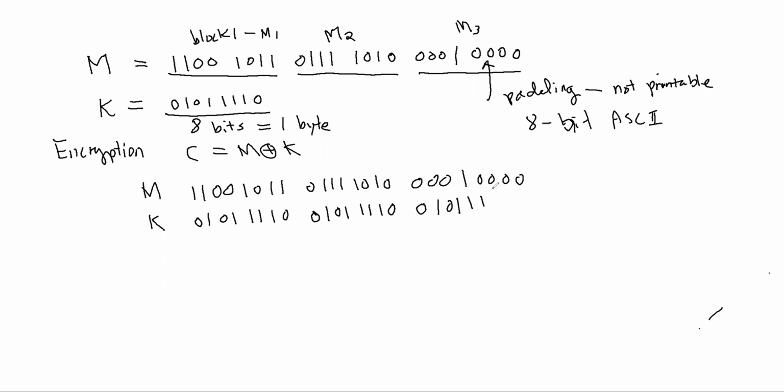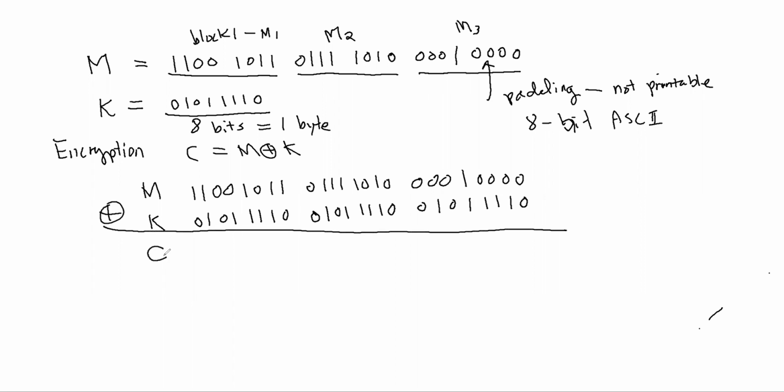I'm not lining this right. So this 0, 1, 0, 1, 1, 1, 1, 0. So then you do a bitwise exclusive OR, you get C.